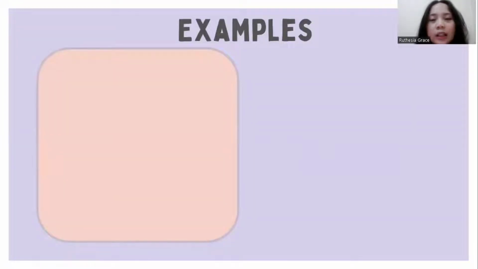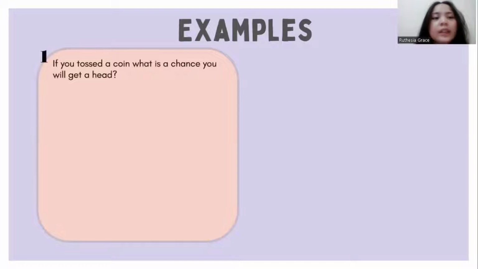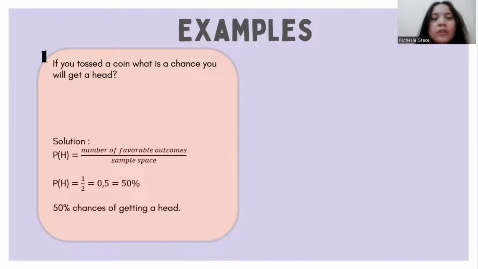let's start with a coin. If you toss a coin, what is the chance you will get a head? For the solution, the probability of head is equal to the number of favorable outcomes over the sample space.